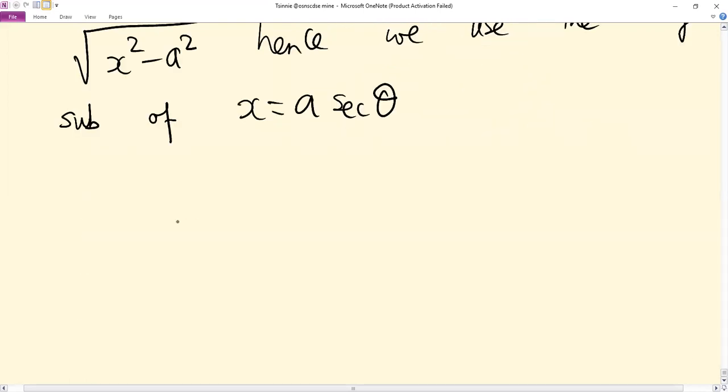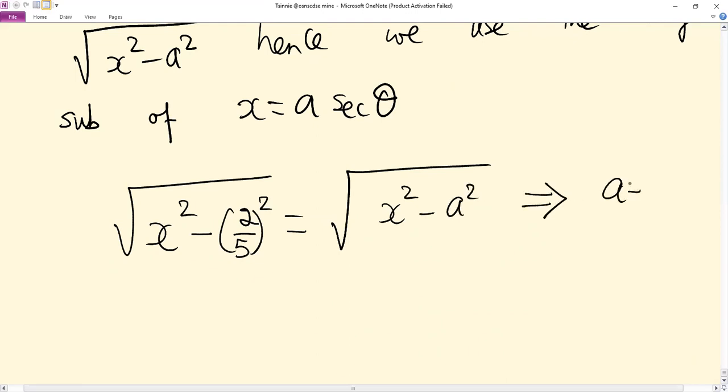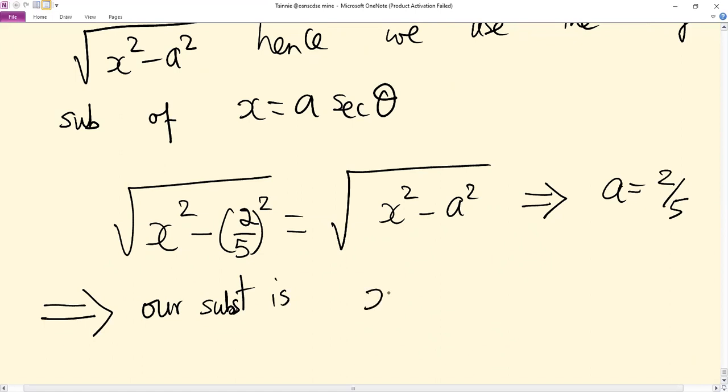And since we have the square root of x squared minus 2 over 5 squared, if we equate this to x squared minus a squared, you should be able to see that a is 2 over 5. Which implies our substitution is x equals 2 over 5 sec theta.